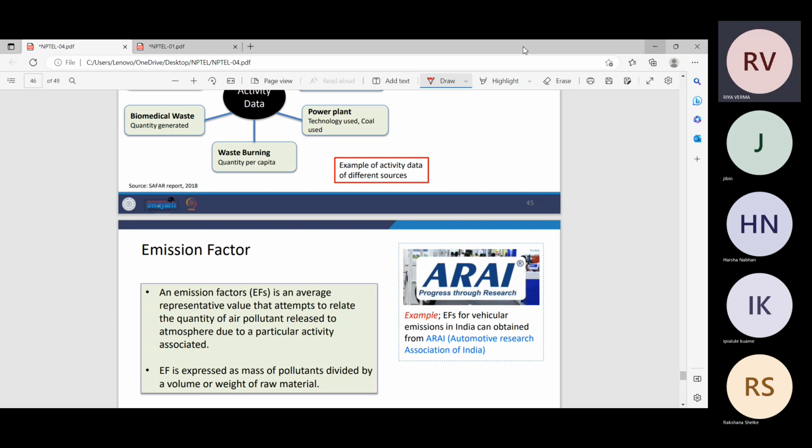So how do we do that? There is a certain amount of light that is getting either scattered or absorbed. The light that is getting scattered or absorbed is due to the presence of those particulates in the atmosphere. So scattering or absorption will happen in the presence of aerosols.